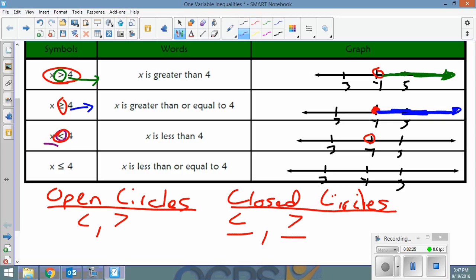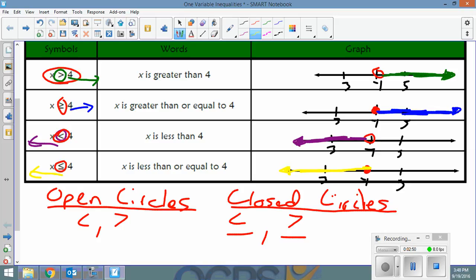And you see how it's pointed this direction to the left? That means I'm going to shade everything to the left. And here, again, that has the line underneath it, so we're going to shade that circle in. And again, see how that arrow is pointing to the left? That means I'm going to shade everything to the left of that circle.